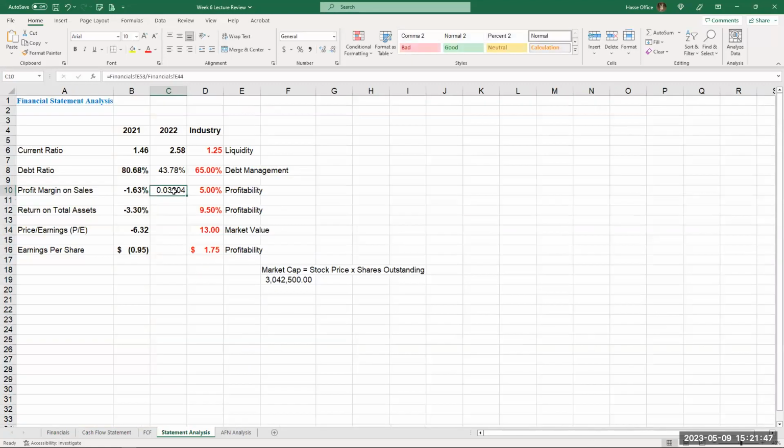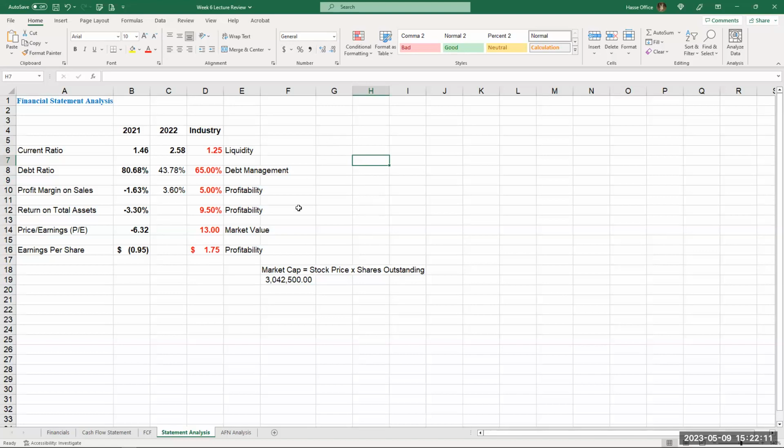And notice, let's put that into a percent, 2 decimal places, 3.6%. Not bad. A lot better than was in 2021. In other words, for every dollar of sales, we're making roughly about 3.5 cents. All right, that's our profit margin. Industry average, though, is 5%, a little bit higher.